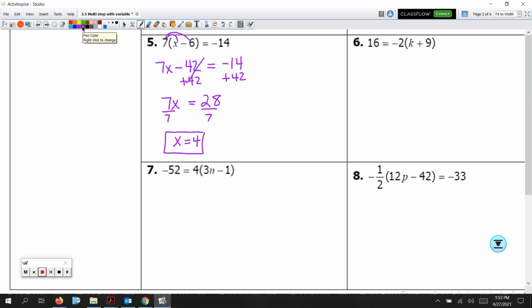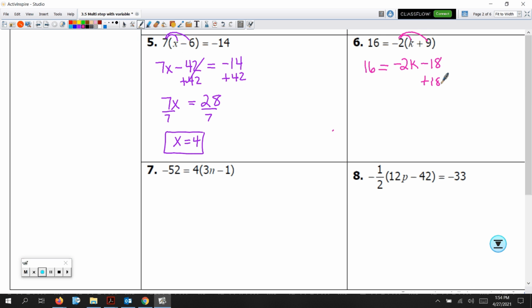All right, in number 6, I have to distribute -2. This negative belongs to that 2. -2 times k is -2k. -2 times 9 is -18. We just bring down everything else that we have, okay? Now we have a two-step equation. We have to get rid of those random numbers on the side with the variable.